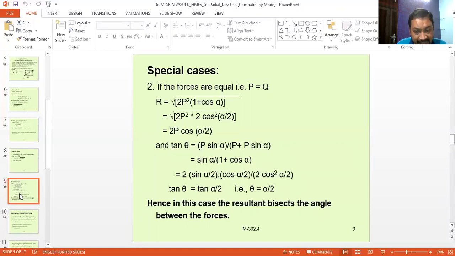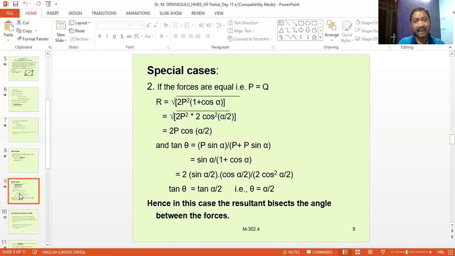So here one cos alpha by 2 will get cancelled, and 2 will get cancelled. It becomes sin alpha by 2 by cos alpha by 2, that is nothing but tan alpha by 2. Here tan theta is equal to tan alpha by 2, or nothing but theta is equal to alpha by 2.